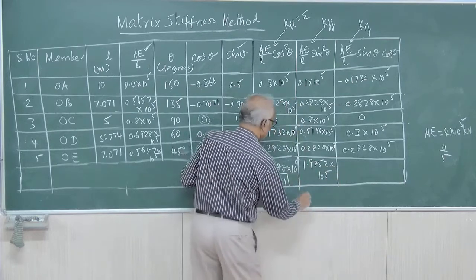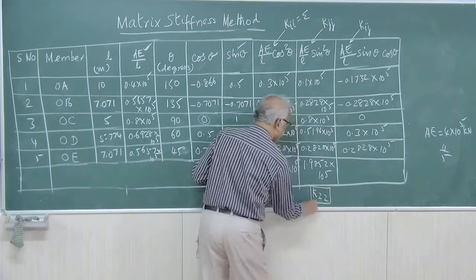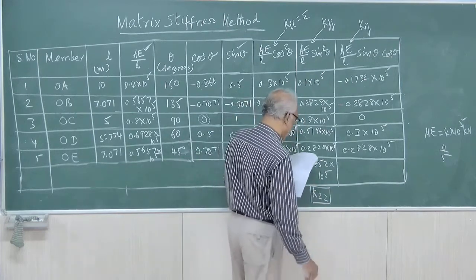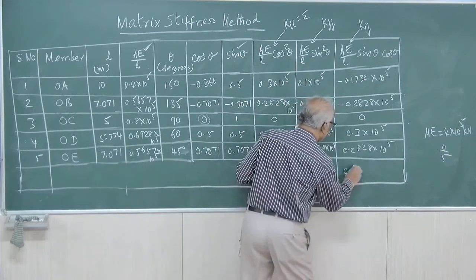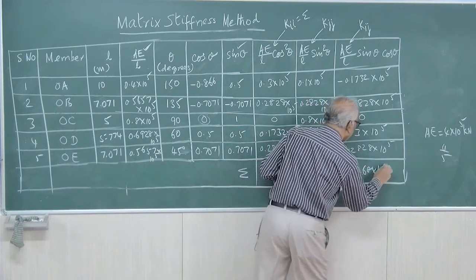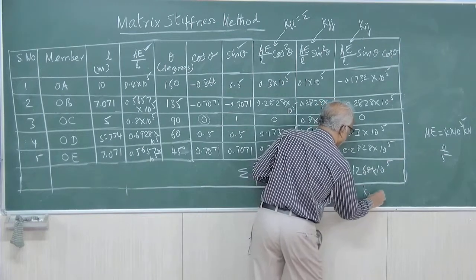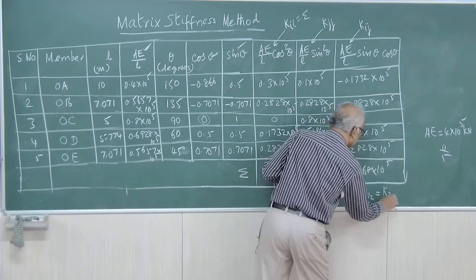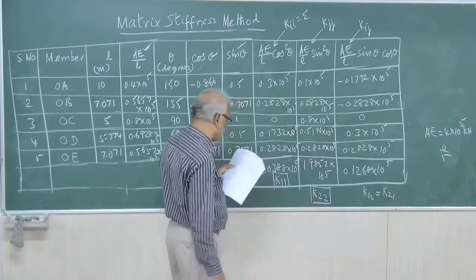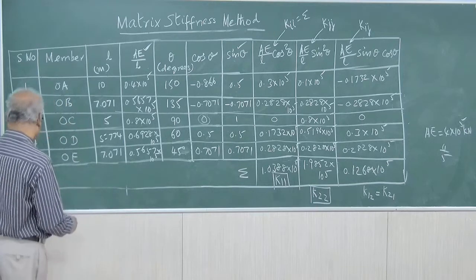This is actually K22. In our case, the matrix will be 2 by 2. 0.1268 into 10 power 5. This is K12 or K21, we know the stiffness matrix is a symmetric matrix, so that will be the values.